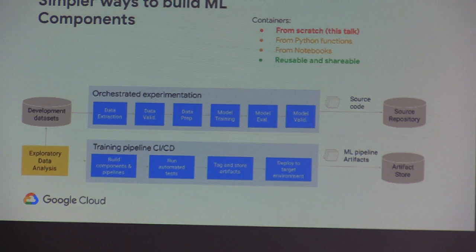We know that most ML pipelines consist of these steps: extracting data, validating data, preparing it, model training, model evaluation, and looking at model explanations. So wouldn't it be nice if you had pre-built containers that did these things, where you could just plug in your piece of code and the rest of it was already there? That's where TFX is coming from. TFX is a prescriptive pipeline with a whole bunch of pre-built things where you can just plug in parts of it.